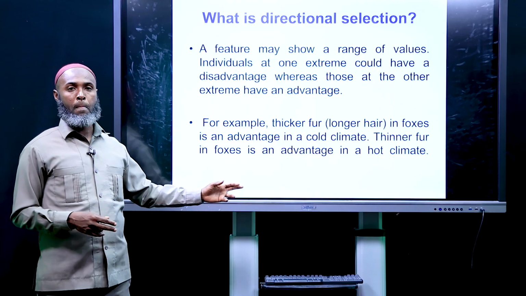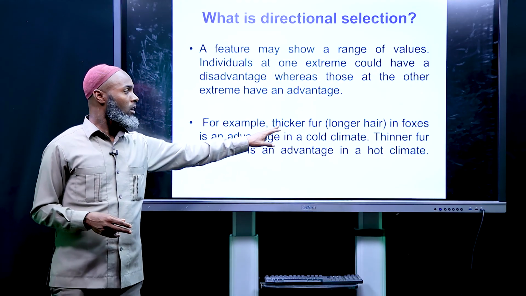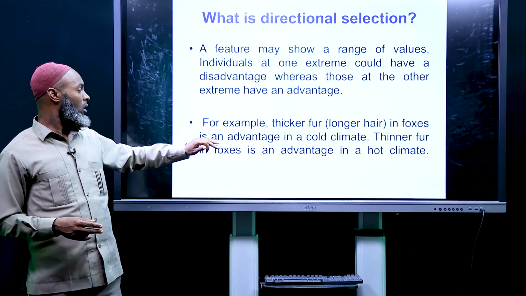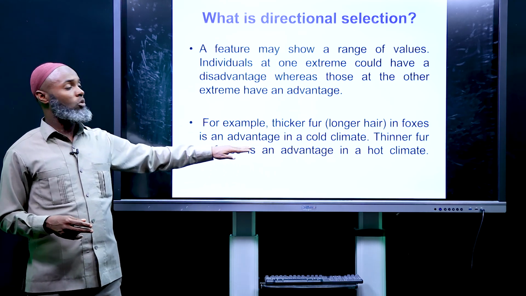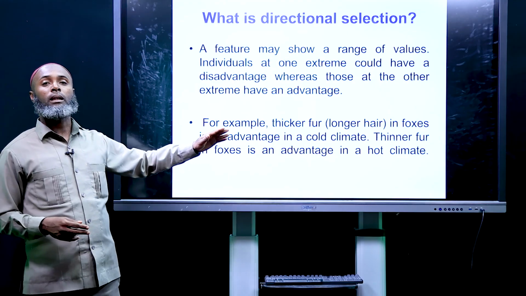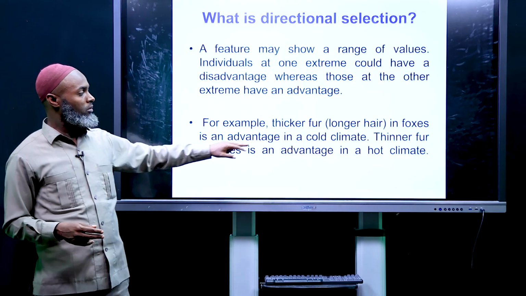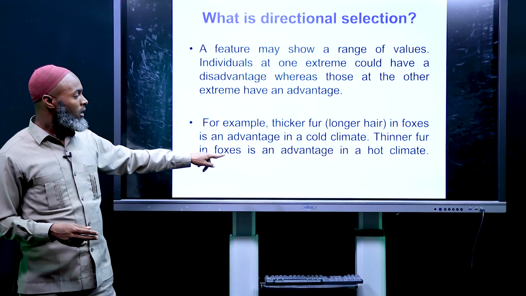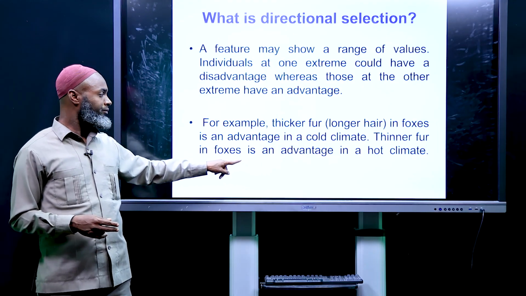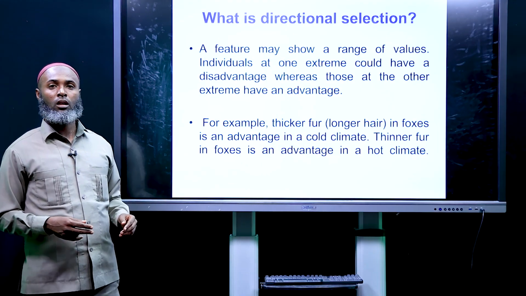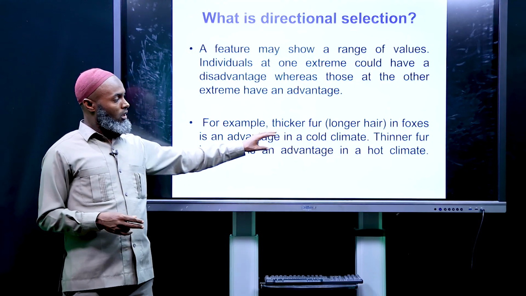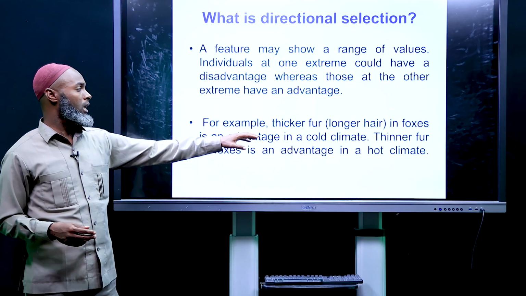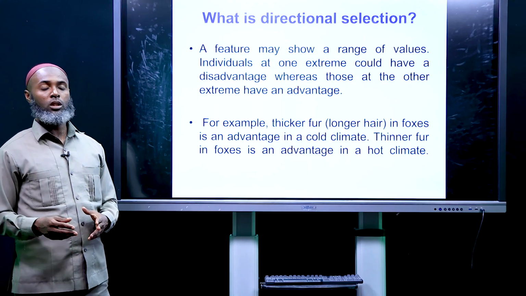For example, thicker fur or longer hair in foxes is advantageous in cold weather. But the opposite, thinner fur in foxes, is an advantage in hot climate. So these cold and hot are opposite, and thinner and thicker are opposite.